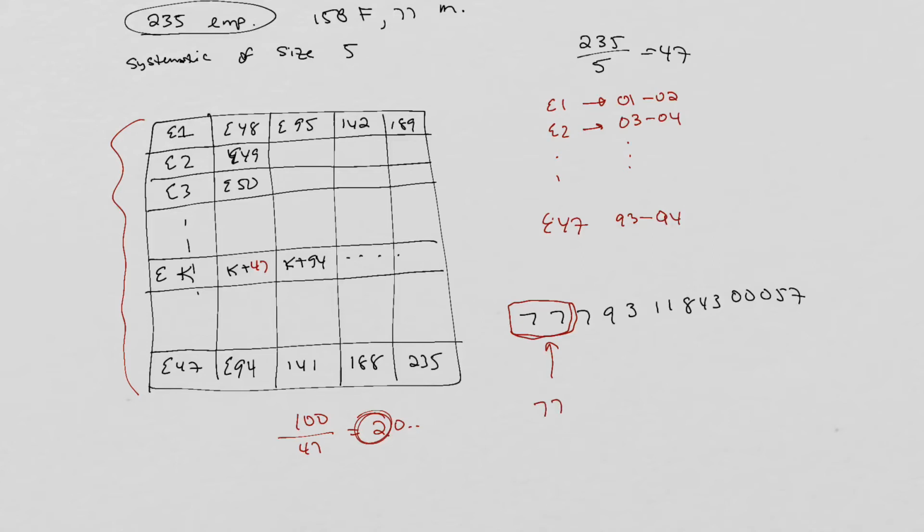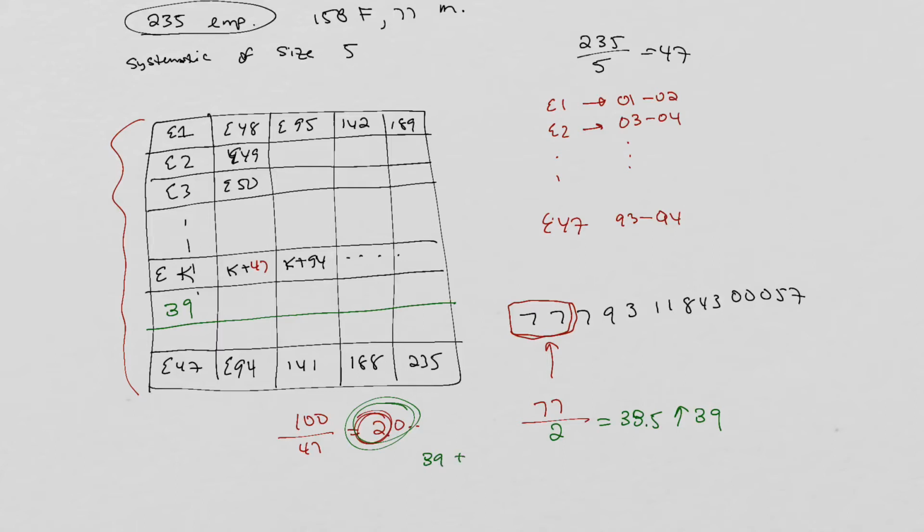We take that value, and we gave everybody 2 numbers, so I'll divide that by 2, and that gives me 38.5, which rounds up to person 39. So I'll use person 39 right here and their entire row.